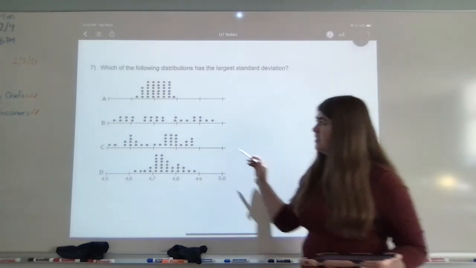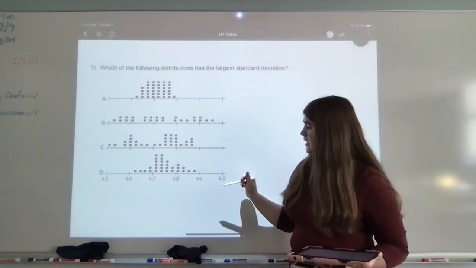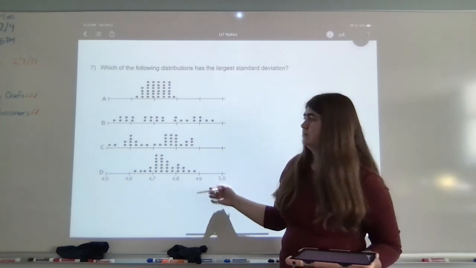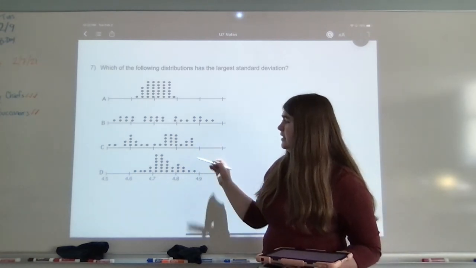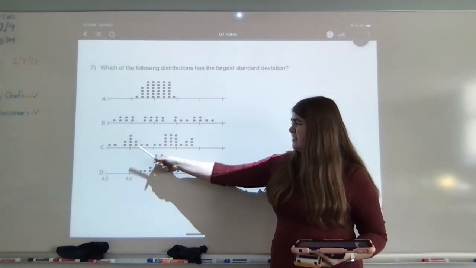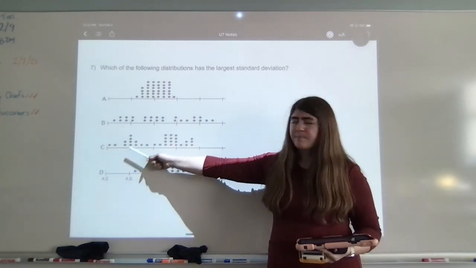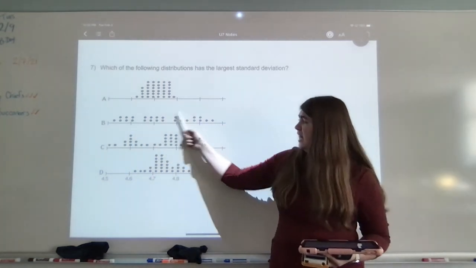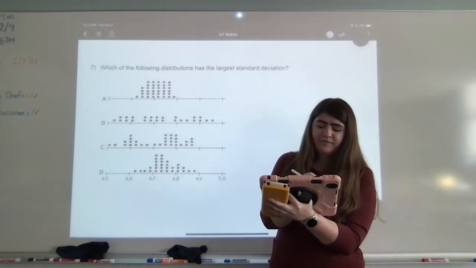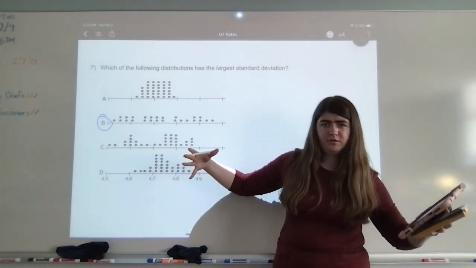So if I look at this, A is definitely out because those data points are all really close together. D, I think, is also out because those data points are also pretty close together. So that leaves us with B and C. And as I'm looking at this, the spread from C is not all that far. It only covers 4 of these sections, but B covers the entire 5 sections. So I think B is going to have the largest standard deviation because the data is spread out furthest.